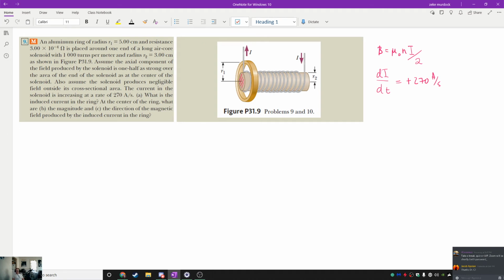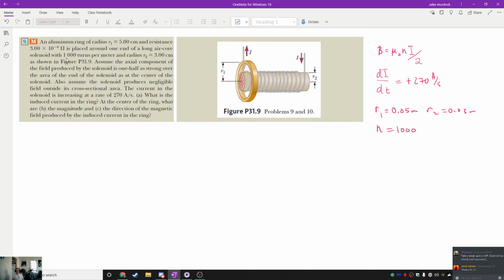Okay. So, given all this information, we might as well write some of these pieces of information down over here so we can use them. So R1 is 0.05 meters. R2 is 0.03 meters. We got the rate of change. The number of turns per unit length is 1,000.